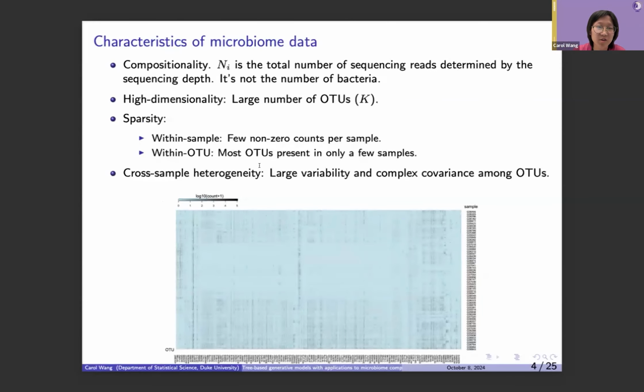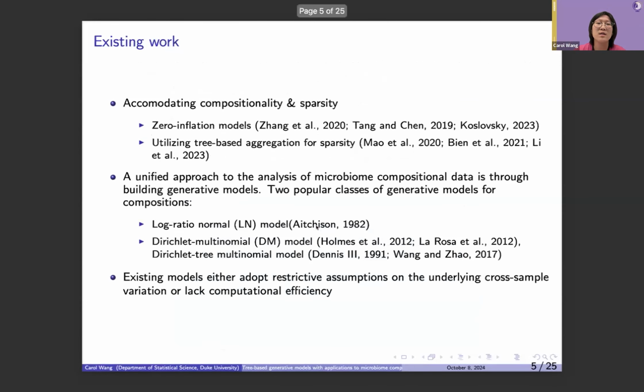Also, this data is high dimensional and very sparse, meaning that for each row and each column, we see a lot of zeros in the OTU counts. And finally, the samples exhibit very large variability and very high cross-sample heterogeneity.